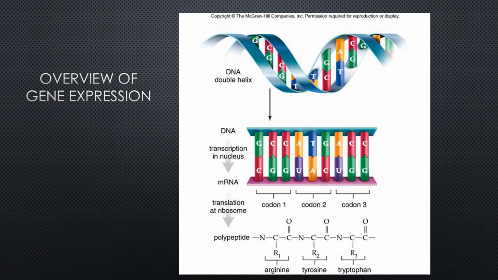Okay, so here is another overview, a little more detailed. We have our double helix. It gets unwound, and we have the template DNA right here with its bases sticking out. And then this is transcription in the nucleus. We then have complementary mRNA. And note that each set of three bases is a codon.